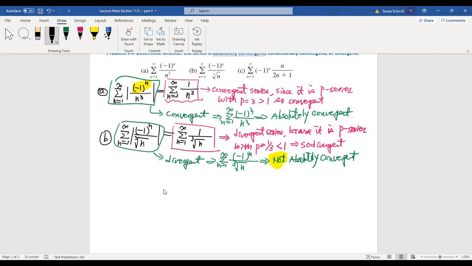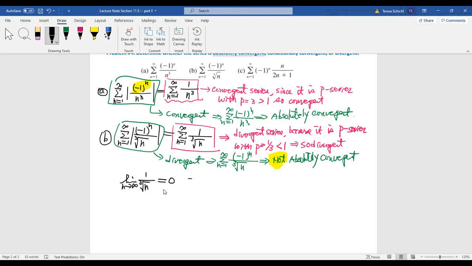All right, so for this one here, if I let the limit as n approaches infinity of 1 over n to the cube root, what is this going to be? This is going to approach 0.